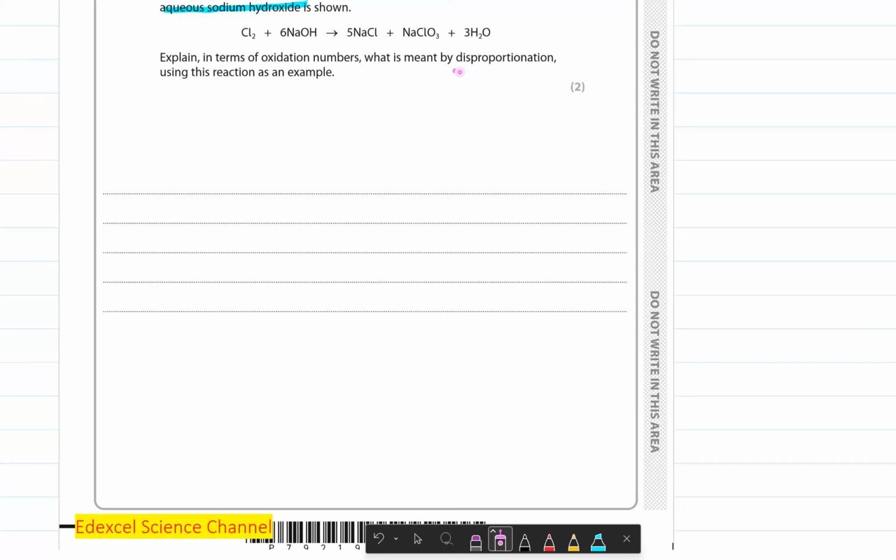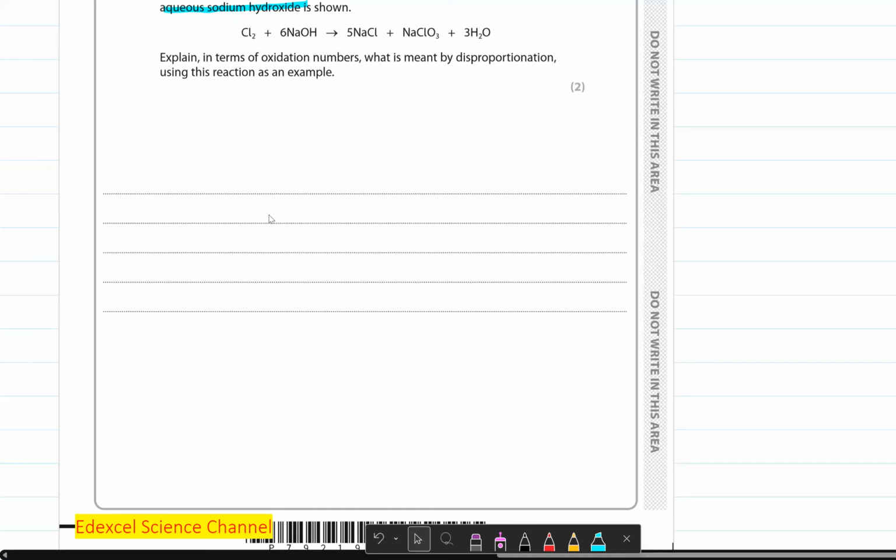So guys, what is disproportionation reaction? Disproportionation reaction is basically when a single reactant is both reduced and oxidized. Okay, the same reactant will go through reduction and oxidation.